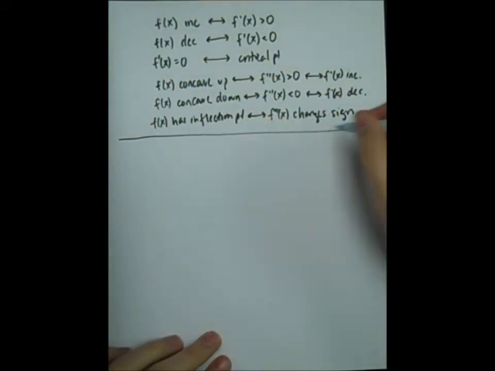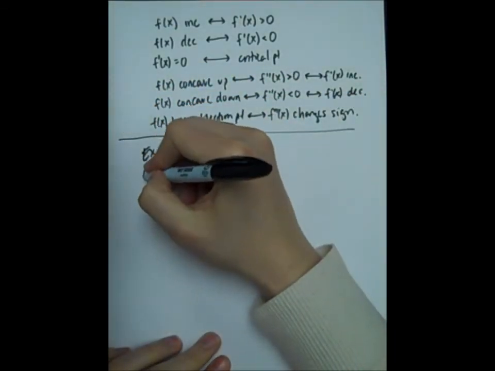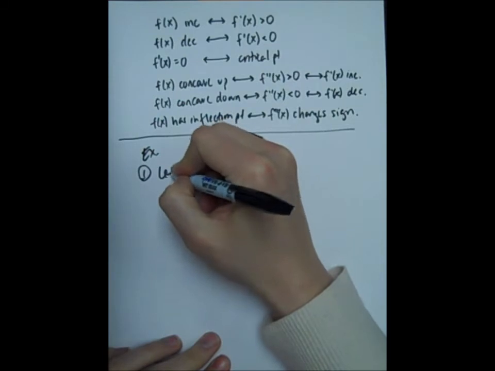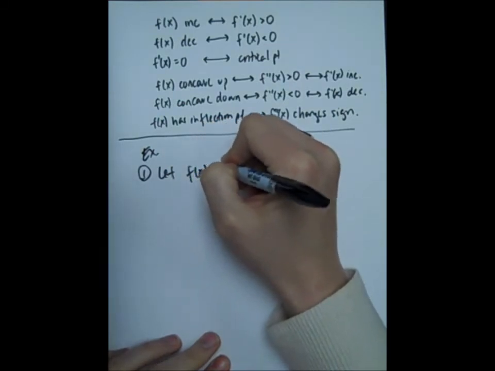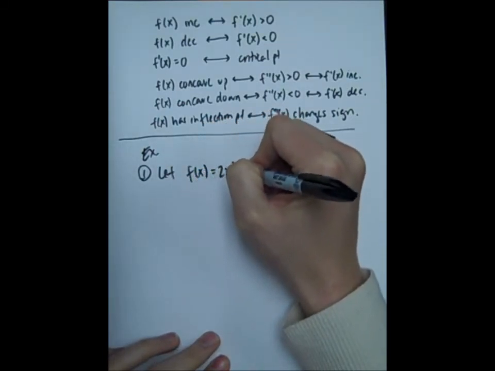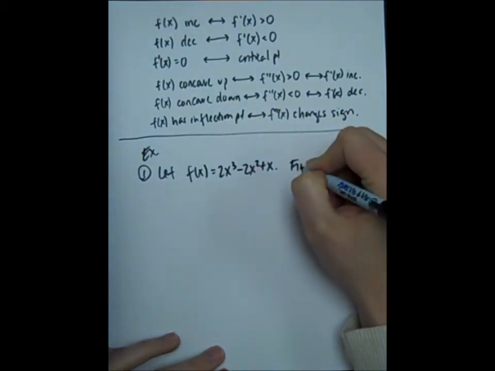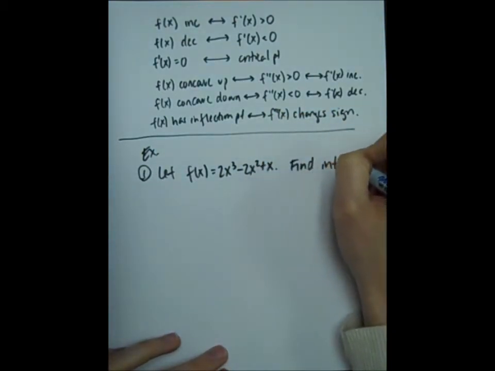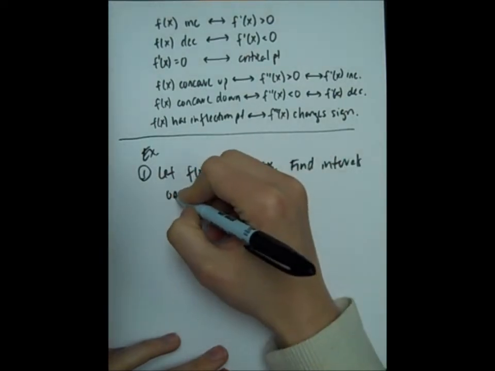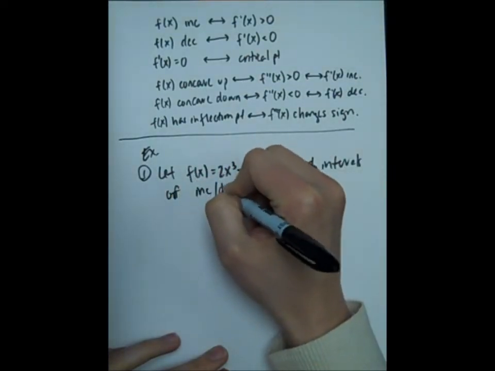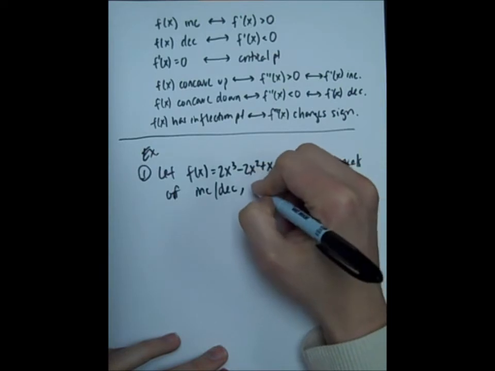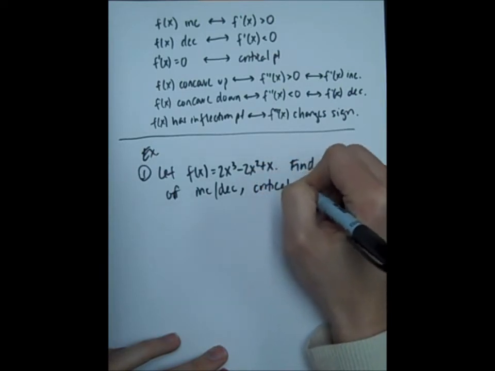So let's start with doing some examples here. Let's let f of x be 2x cubed minus 2x squared plus x. Let's find intervals of increasing, decreasing. We want to find critical points.